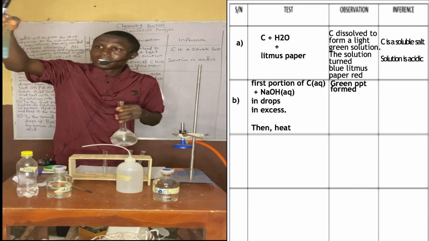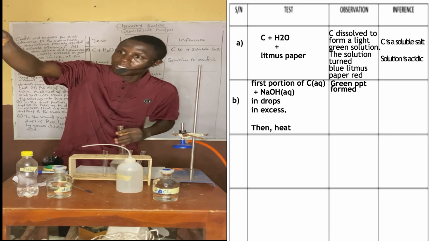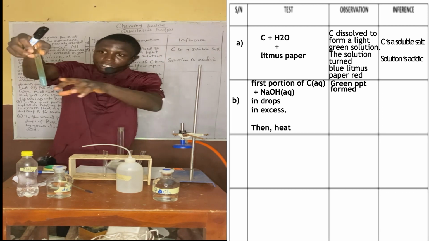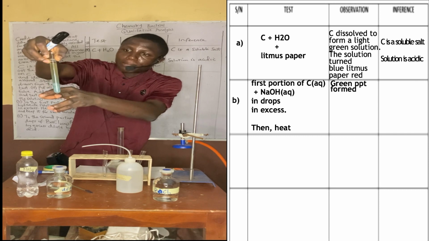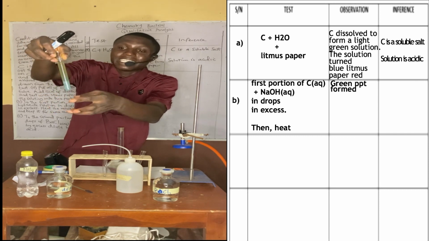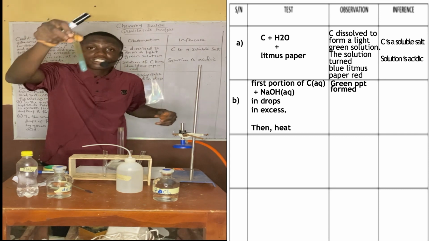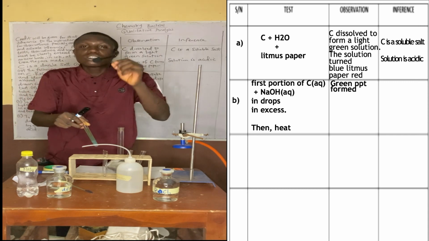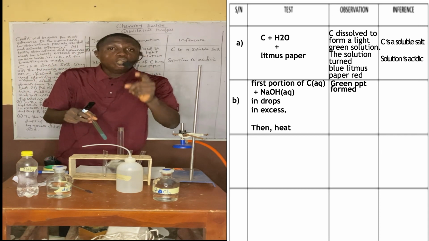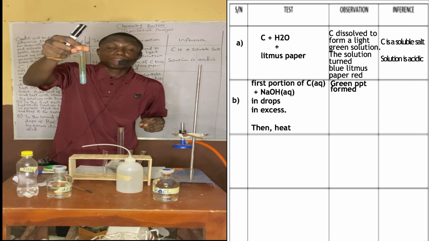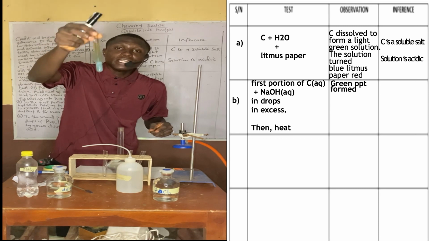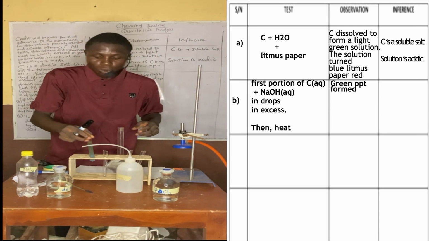You can see that the green precipitate does not dissolve. The precipitate even persists. So the green precipitate is insoluble in excess sodium hydroxide. This confirms the presence of Fe2+, that is iron 2 plus.